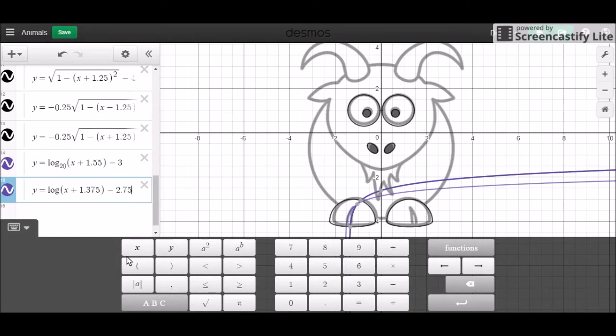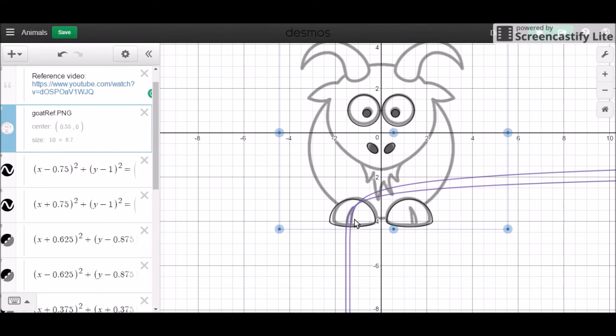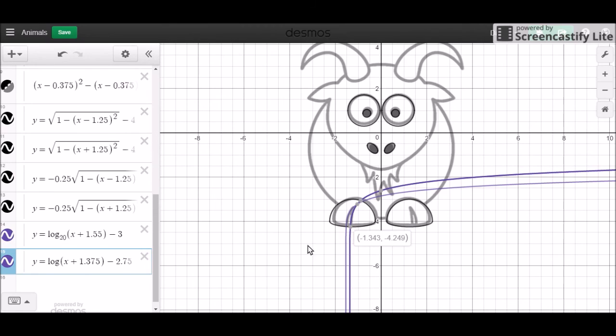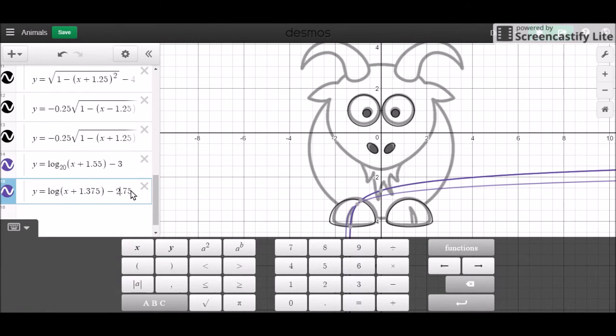Should we change the y value? Wait. Anyways, okay, then I can get these values. I can see them. Okay, it's negative 4.249.